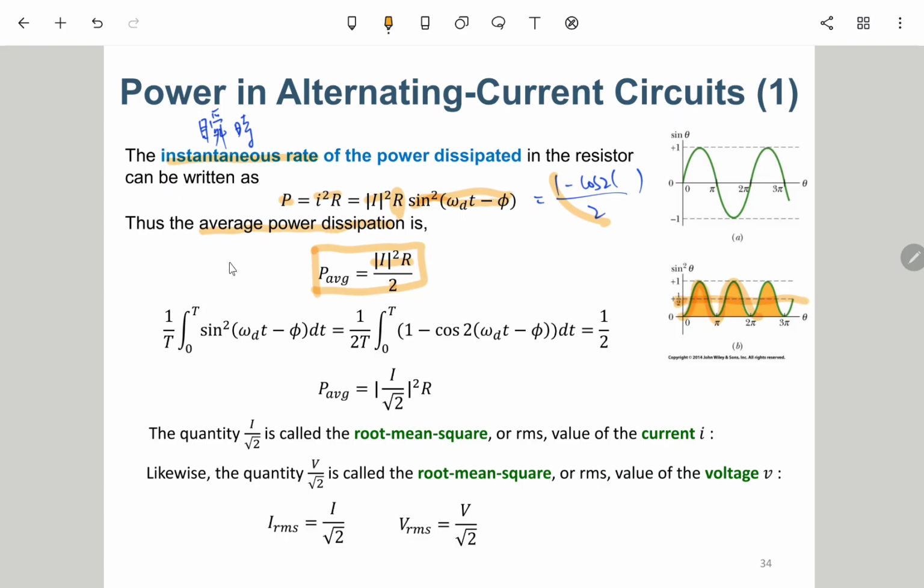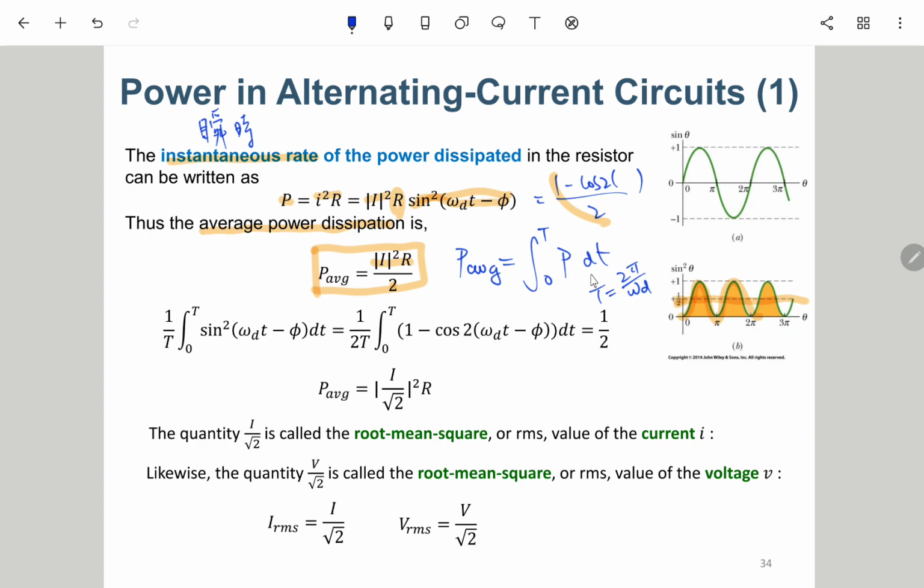Or if you do it rigorously using integration, the P average will be the integral of the instantaneous P dt from 0 to capital T, where T is a period. Here T will be 2 pi over omega d.